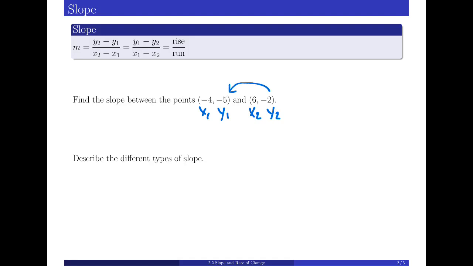So we're going to do -2 minus a -5, and then over, we just have to make sure that we subtract in the same order. So we have to do 6 minus the -4. And we could have gone the other way. We could have done -5 minus the -2, and that'll work out as long as we do -4 minus that positive 6. So we just have to subtract the same direction both times.